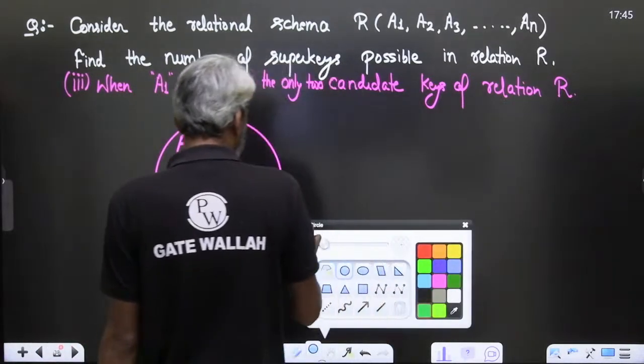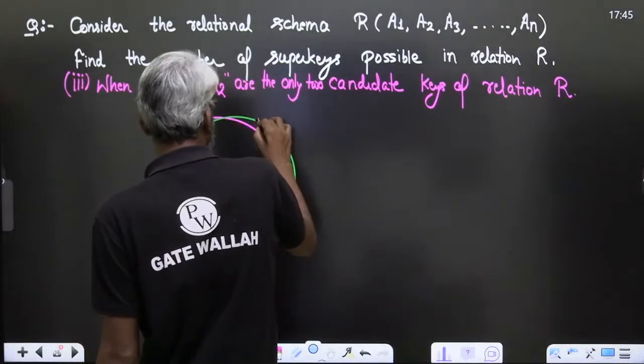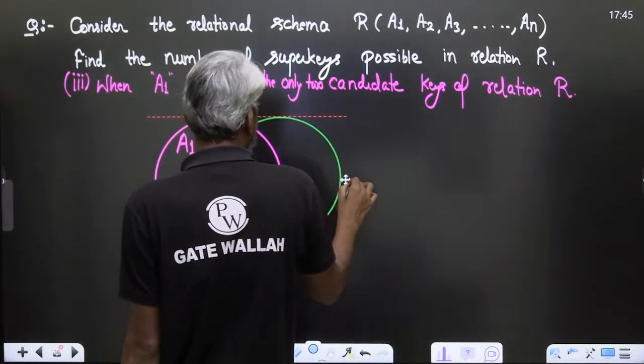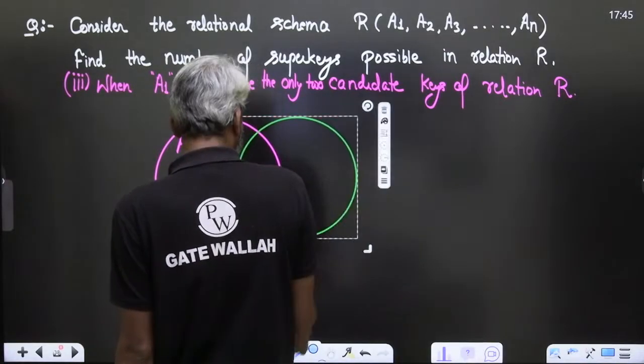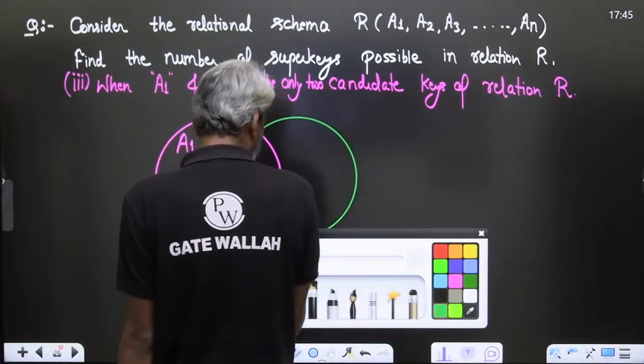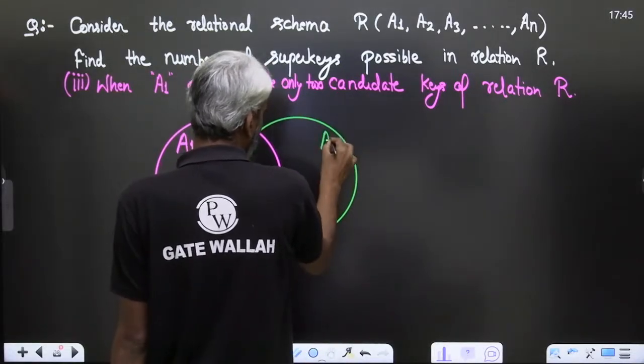And let's assume these are the super keys that contain all the attributes of candidate key A2.